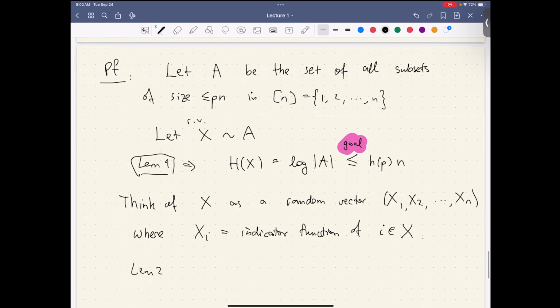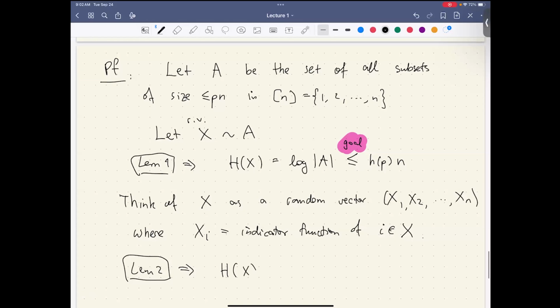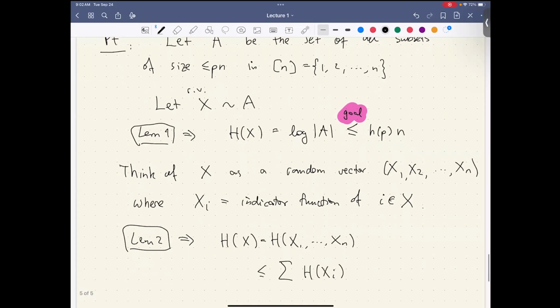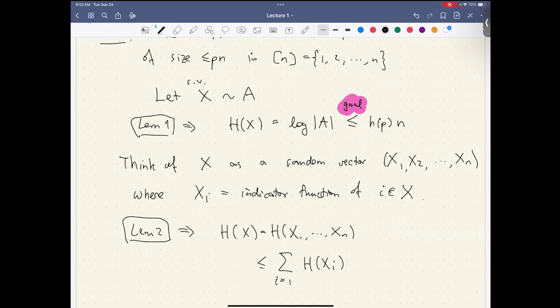Lemma 2, subadditivity says that H(X), which is the same as this collection of indicator functions, is at most the sum of H(Xi), i goes from 1 to n. By symmetry, for different i, they have the same distribution.